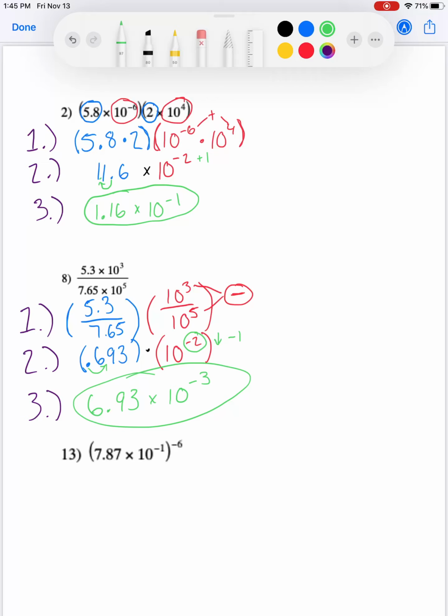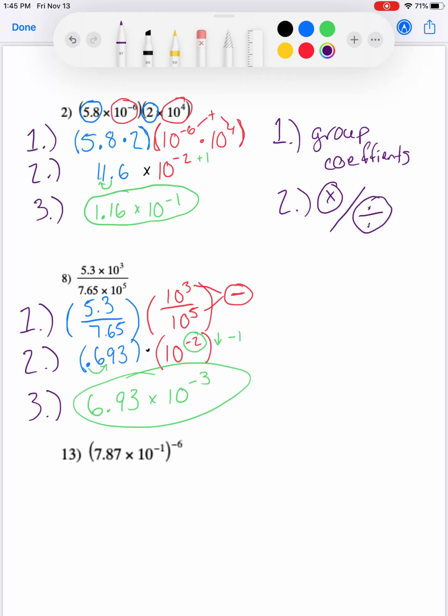And that would be my final answer for that. So I'm following the same steps when I'm multiplying and dividing. First thing I do, group coefficients. So step 1, group coefficients. And then my second step is going to be multiply or divide, whichever one is necessary for the problem.